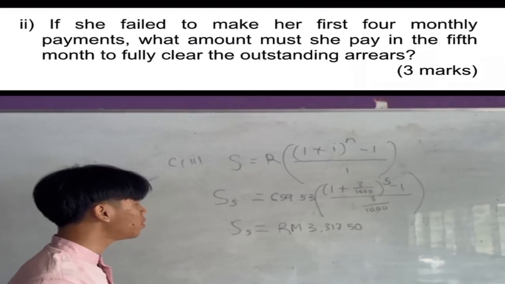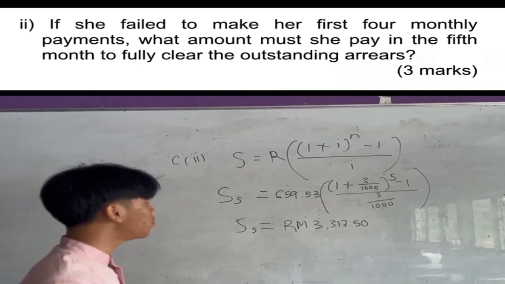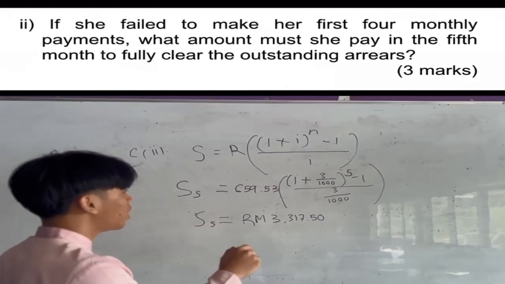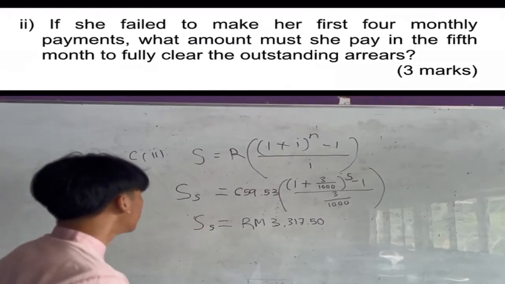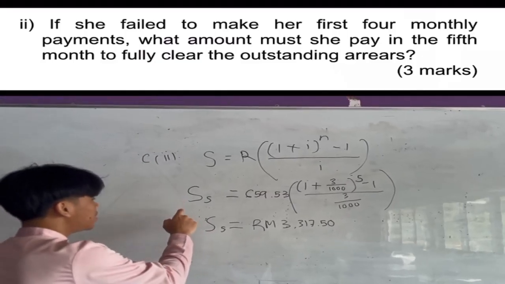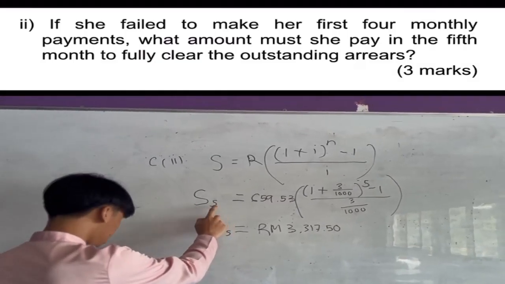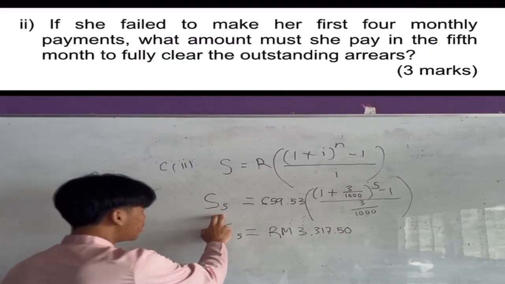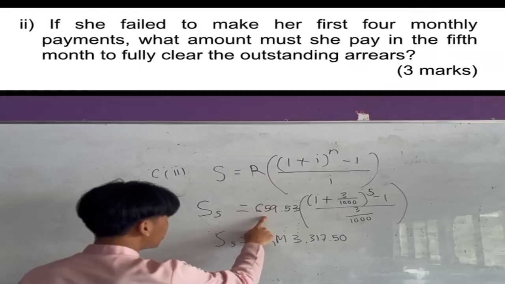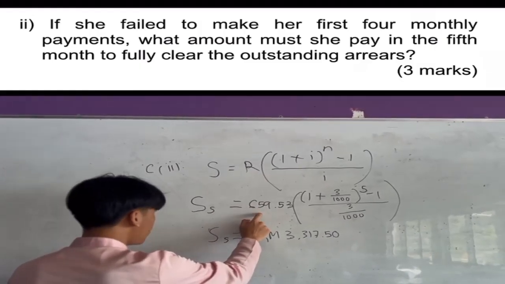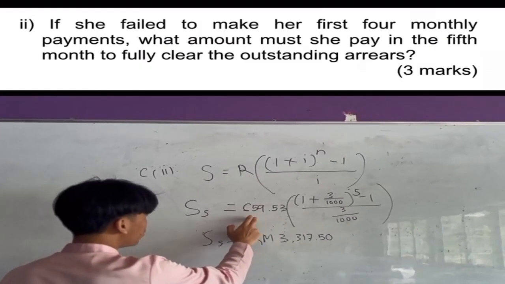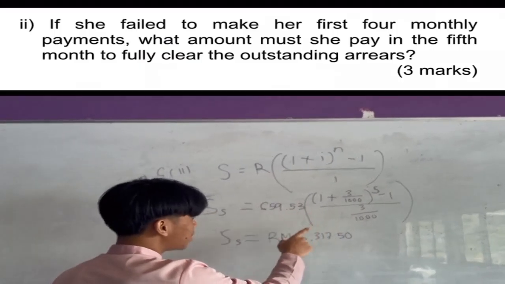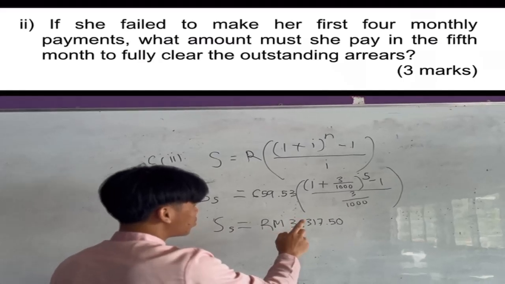We are going to use the future value formula, which is S equal to R open bracket 1 plus I with the power of n minus 1 over I. So this is the month that she needs to pay to fully clear the outstanding arrears, and this is the monthly payment she will need to pay that we got from question 1, and all of that information also we get from question 1.